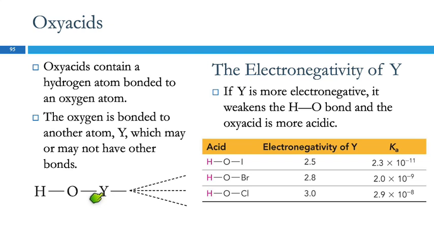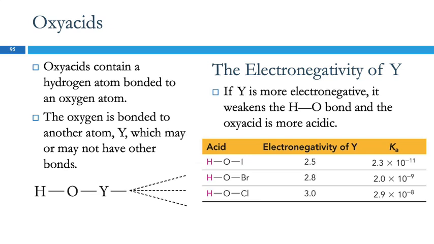Then we look at this guy, Y, and if this is electronegative, Y will be pulling electrons from oxygen, which makes oxygen pull electrons from hydrogen even more. So the more electronegative this element is, the weaker this bond is and the stronger the acid.